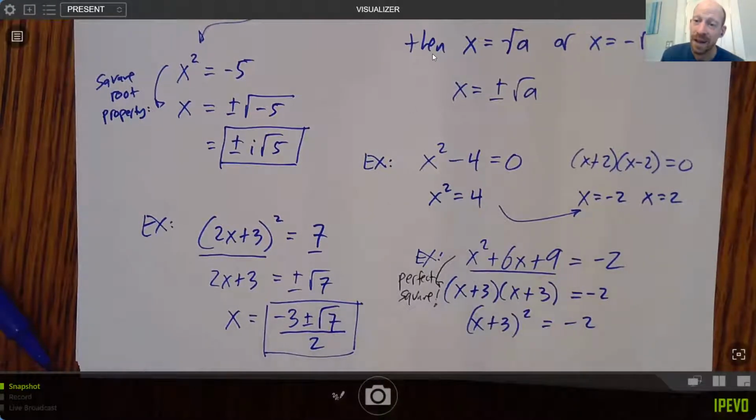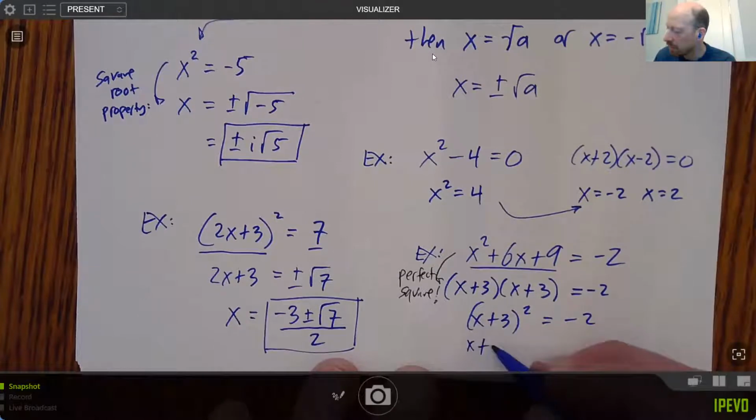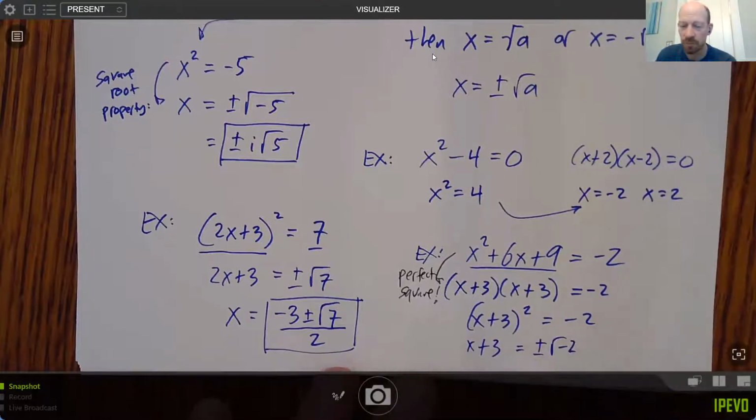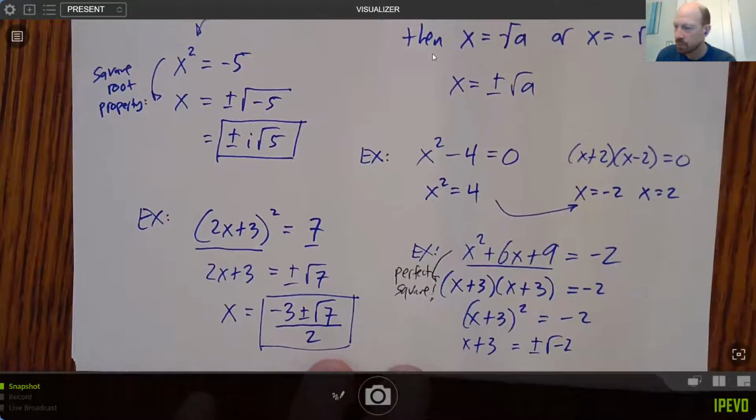Perfect square. And that's great, because since this is a perfect square, I can now use that square root property. X plus 3 equals plus or minus the square root of minus 2. I can bring the 3 over. Negative 3 plus or minus i square root of 2.